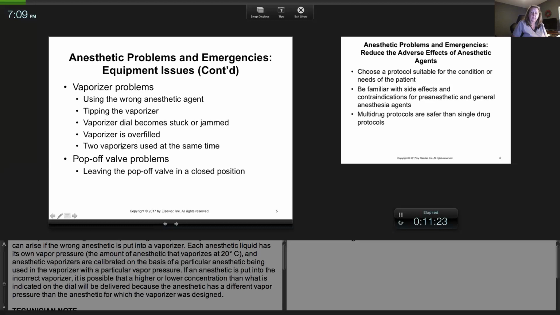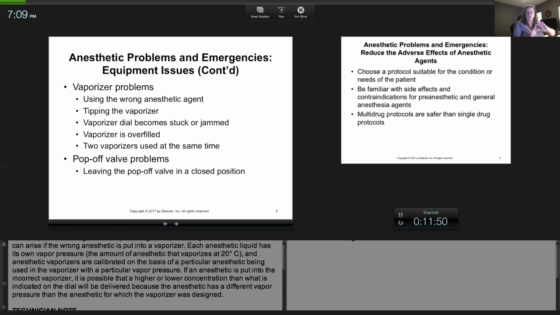And the other thing to mention, some clinics will have a machine that has an ISO vaporizer and a SIVO vaporizer right next to each other. And if you leave one on and you turn on the other, you will run 2 anesthetics to your patient. So normally what we would do at Purdue is I would put a piece of tape over the one I wasn't using so that you couldn't turn it.